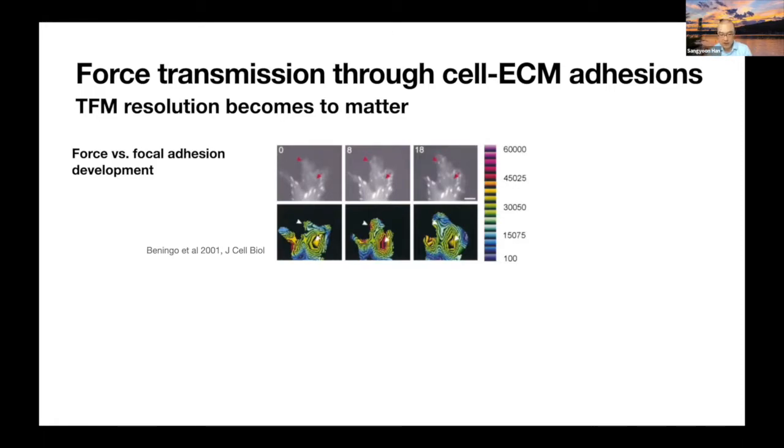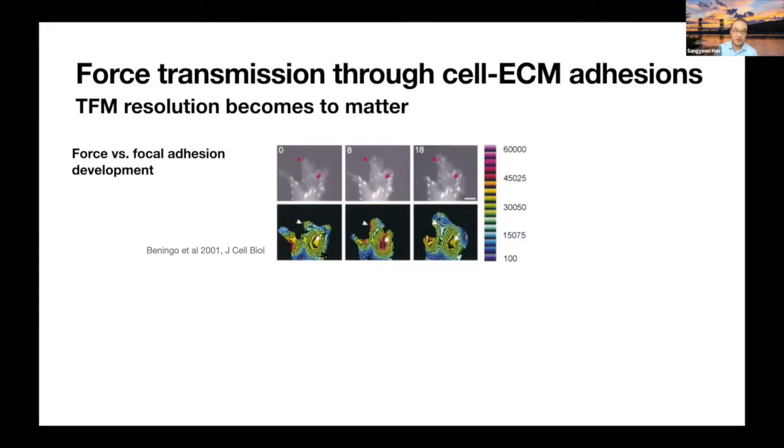They found that when there's the initial appearance of this zyxin molecule, there's a large force involved. And when it slides into the interior part, this large force is gone. So that was the very first finding about new focal adhesions and force.